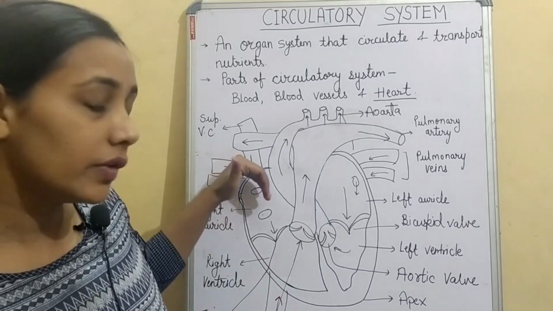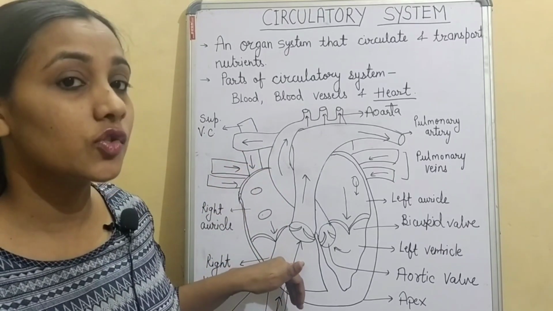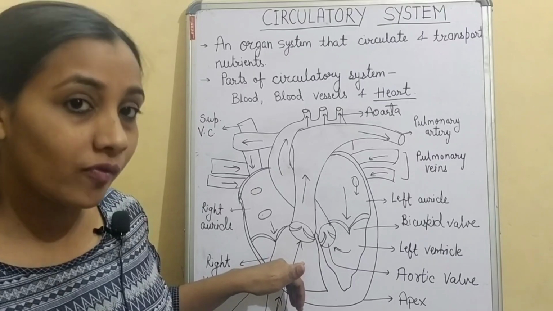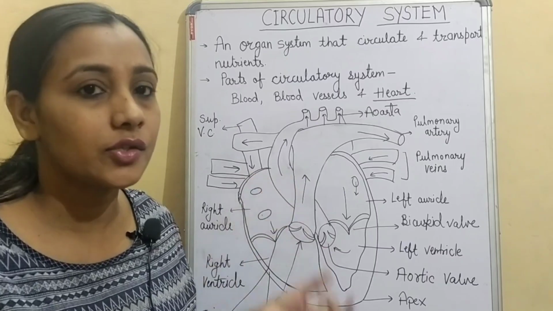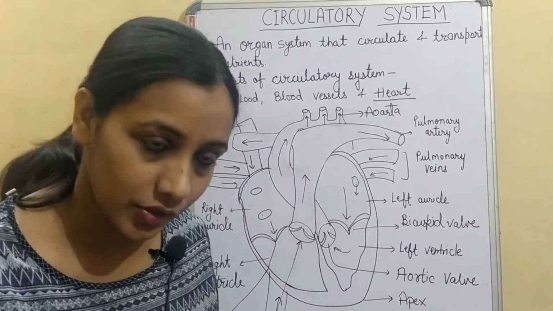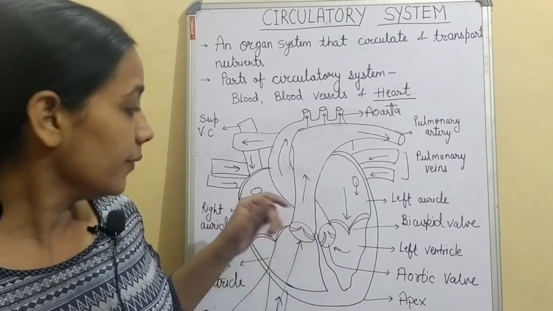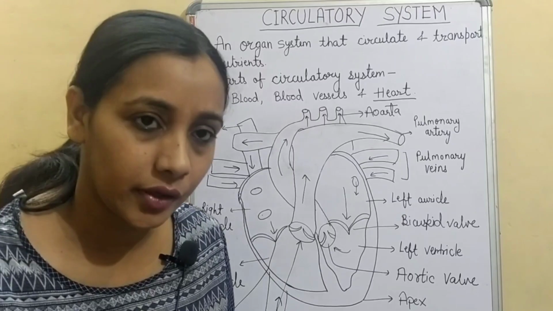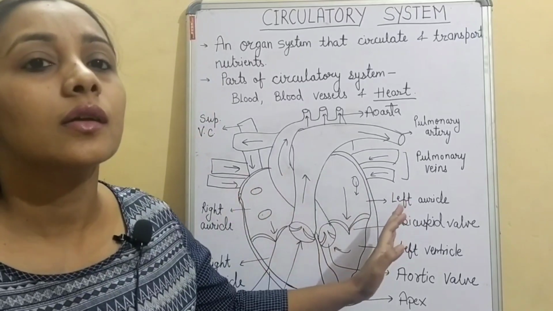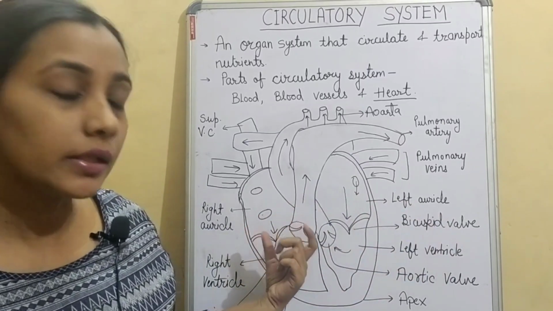Because when blood transfers from the auricle to ventricles, there are chances that blood can flow back from ventricles to auricles, and that is not required in circulatory system. So to prevent this backflow of blood, valves are present between auricle and ventricle.